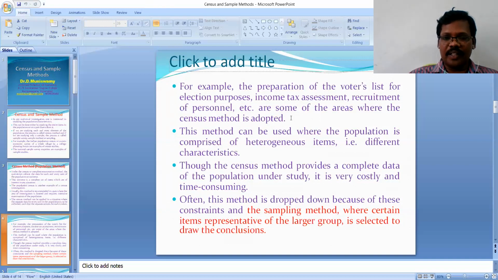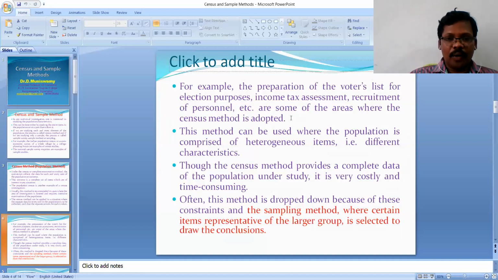So when the population or respondents have different characters, definitely we have to go for the census method and take the information from all the people. Heterogeneous items are nothing but different characters.